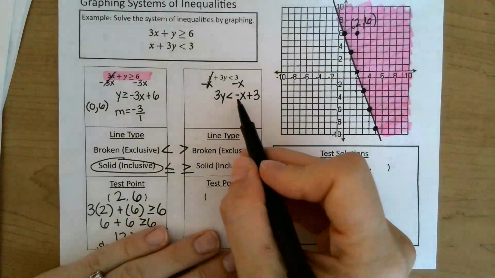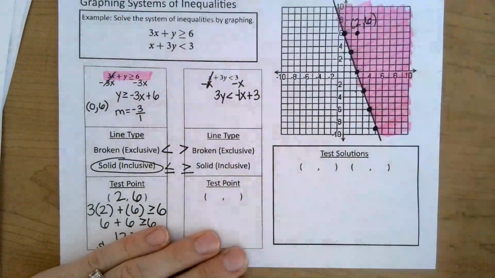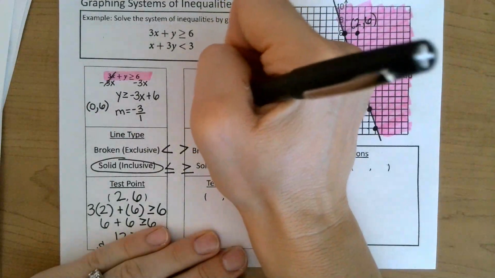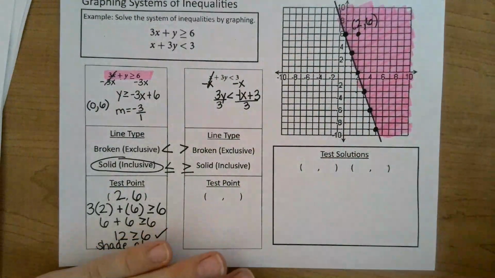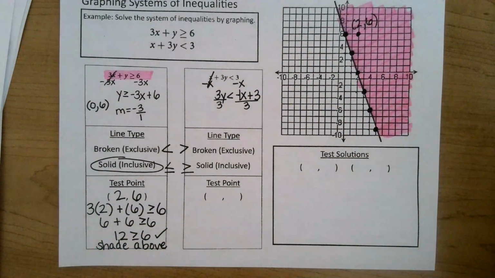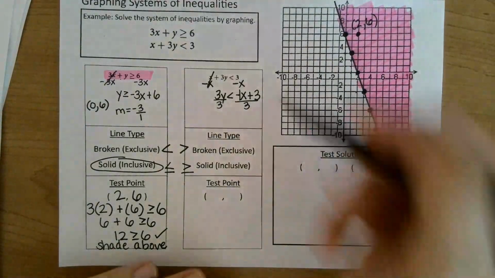Right, and then remember, if it's negative x, that's negative 1x, and then we would divide by the 3. We're dividing by positive 3, so we don't change the symbol, but just a reminder, if you divide by a negative, you have to flip your inequality symbol. But in this case, we don't need to do that.